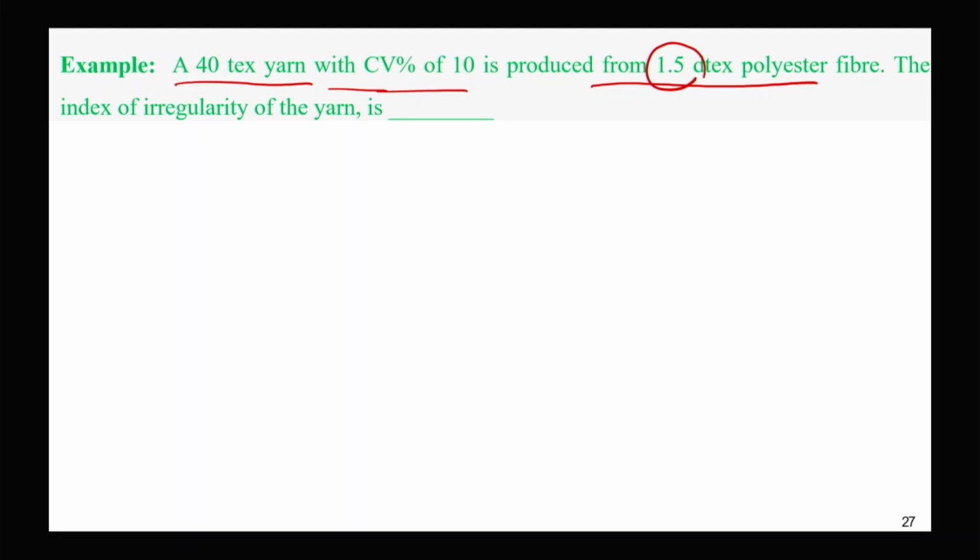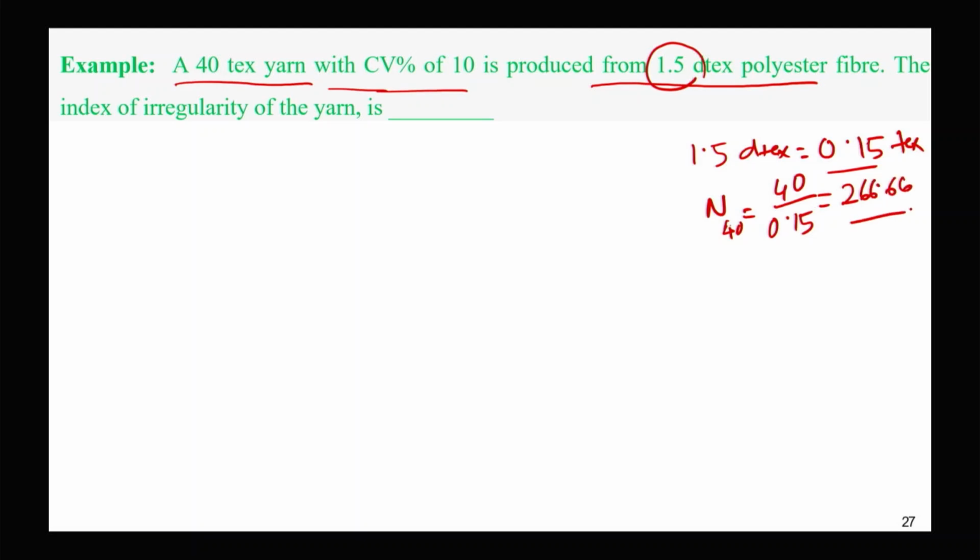Now it is 1.5 decitex, equal to 0.15 tex. The number of fibers in the cross section will be doubled: 40 by 0.15 is 266.66. Earlier it was 133.33.